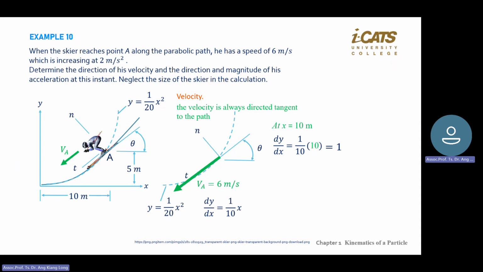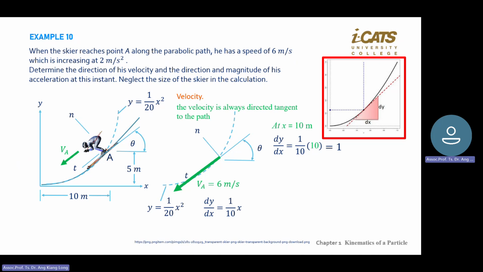You are given a line with dy dx. So you calculate dy dx when it's 10 meters from the ending point, which is your x value. Dy dx is 1. If you don't know what dy dx is, it is the one that I show on the screen there.